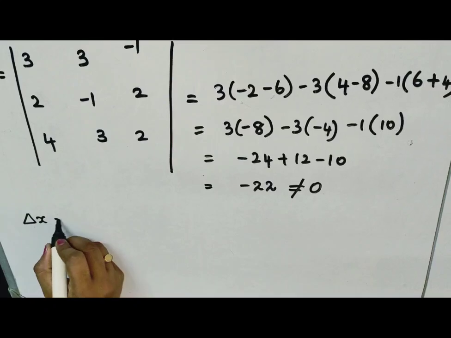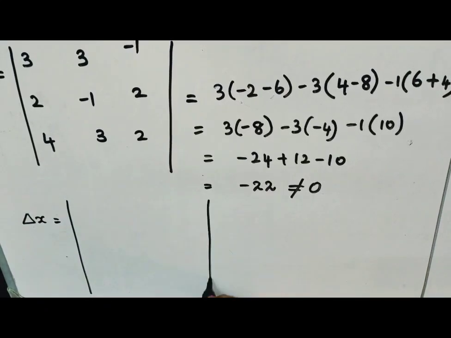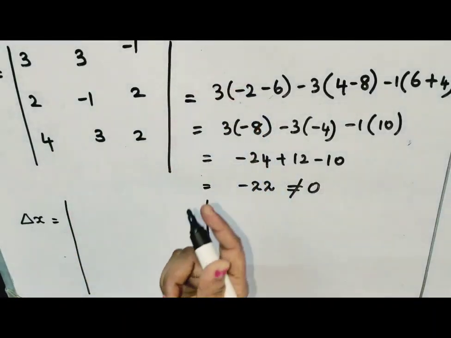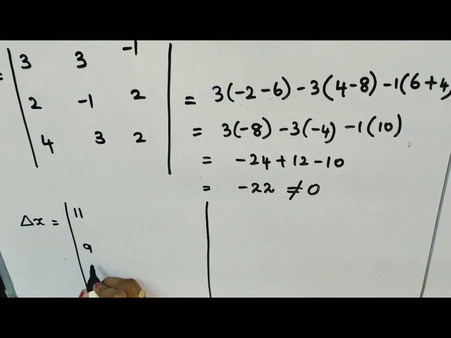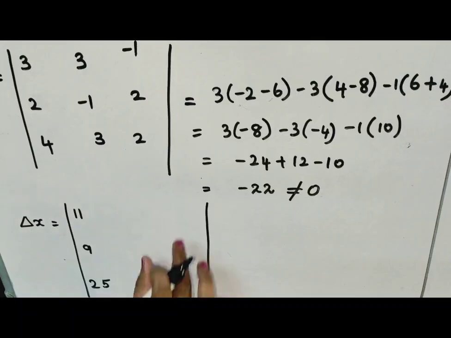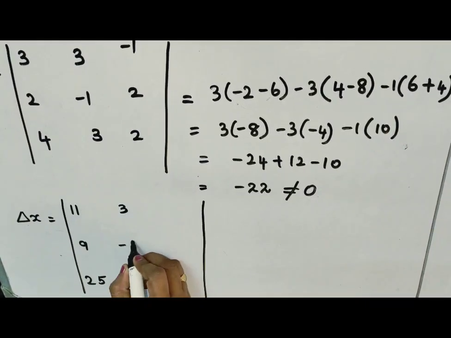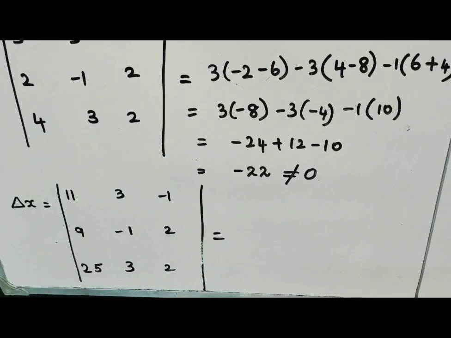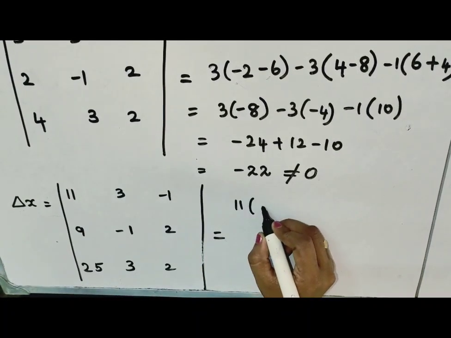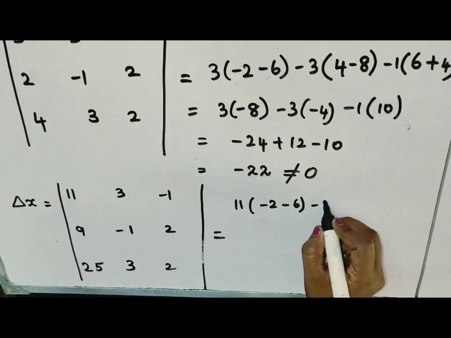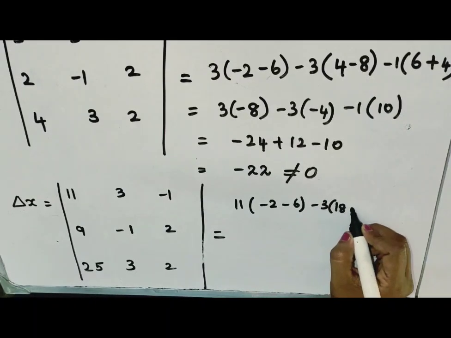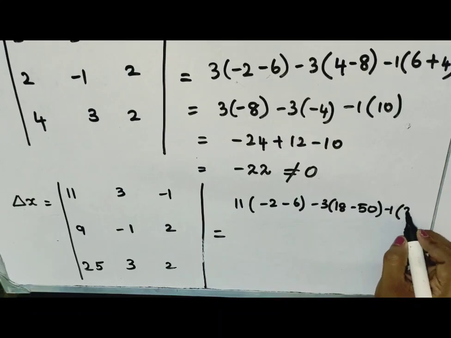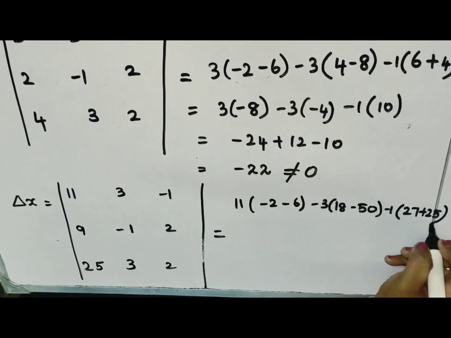Okay. Now we have to find the value of delta x. When it comes to delta x, we have to replace the coefficients of x with the constants given on the right hand side: 11, 9, 25. The remaining columns we keep as they are, which is 3, minus 1, 3, minus 1, 2, 2. Now we will find the determinant. 11 into minus 2 minus 6, minus 3 into 18 minus 50, minus 1 into 27 plus 25.